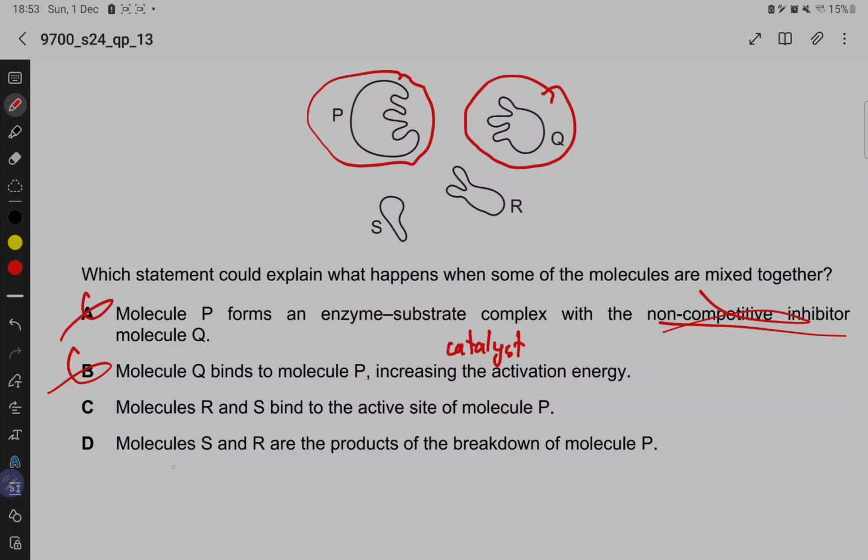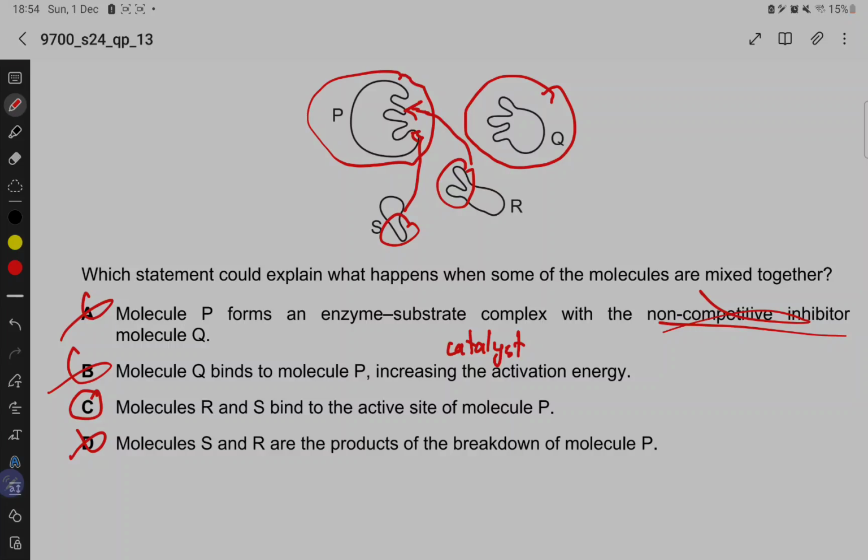Molecules R and S bind to the active site of molecule P. Or D, molecules S and R are the products of the breakdown of molecule P. A little tricky, but C is more correct because you can see that these two parts are able to bind into the enzyme, so they can definitely stick to the active site.